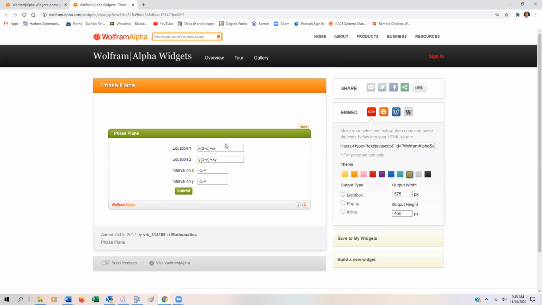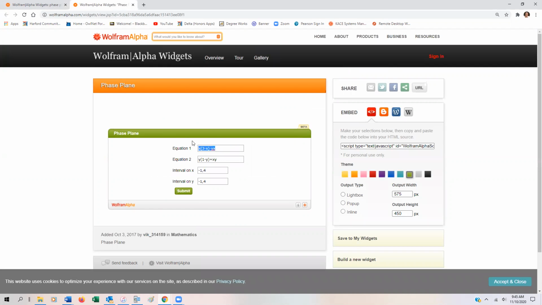What you're going to have to do is type in both the phase planes. So the dy or equation 1. This could be dy if you want to. You can either type in dx dt or dy dt. So I'm just going to type in dx dt, so that's 0.08.